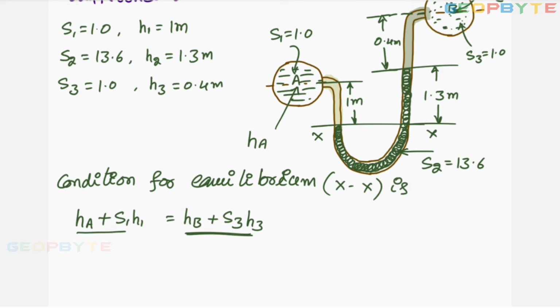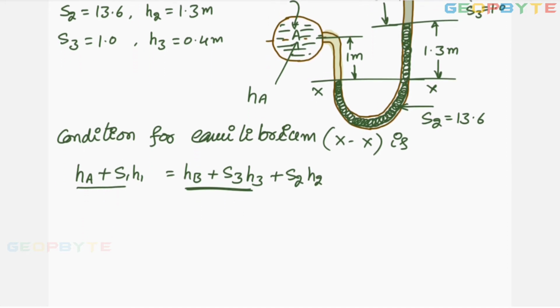But for our case, mercury is rising in the right side limb. Therefore, S2H2 should be written on the right side of the equation. From this, I can write the pressure head difference between the two pipes.